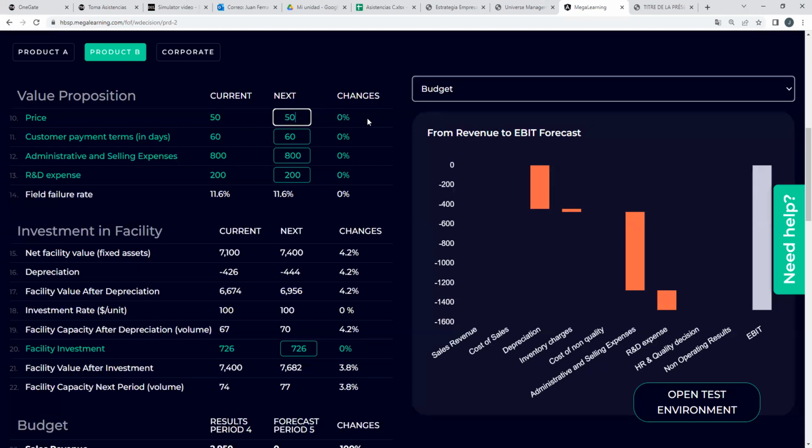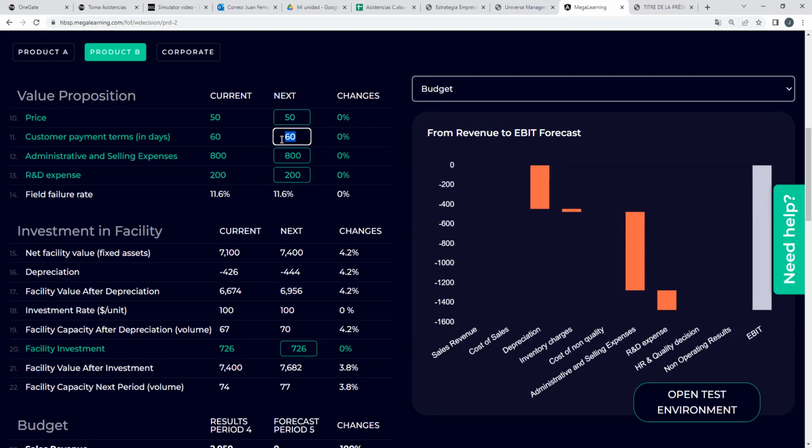And those are the other decisions. Customer payment terms in days. In the last round, you are collecting the money from your customer 60 days later. You can take a decision. I would give more days to my customer B, or I can give less days.